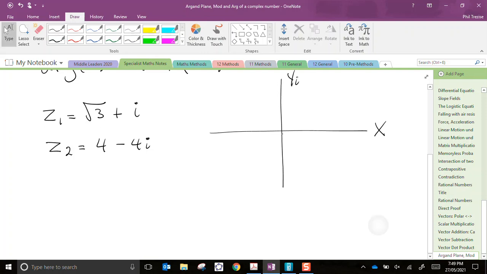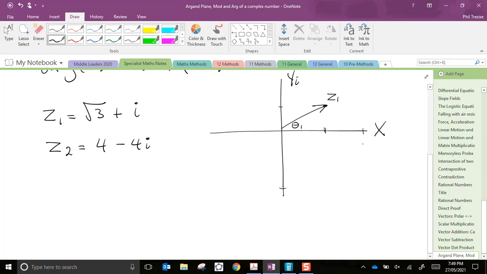So root 3 is about 1.73, and 1 obviously is less than that. So my first complex number is here, and there would be an argument for that. Let's call that argument theta 1. That's complex number z1. The second complex number, 4, that's way over here.